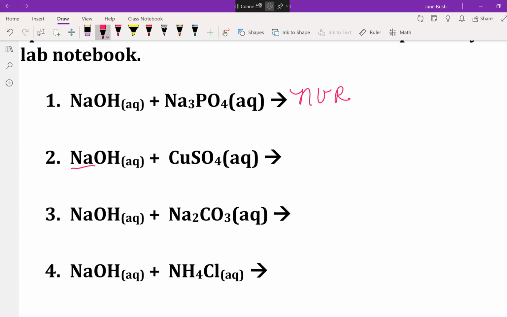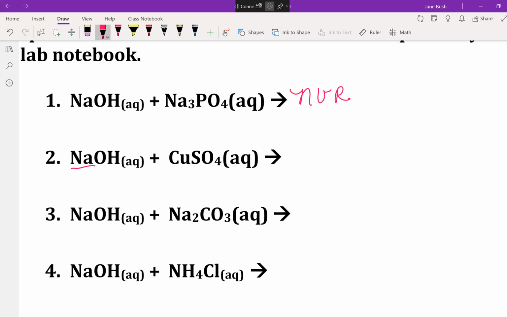What's sodium's charge? Not -3. It's +1. And there are 3 of them. What's the charge on phosphate?